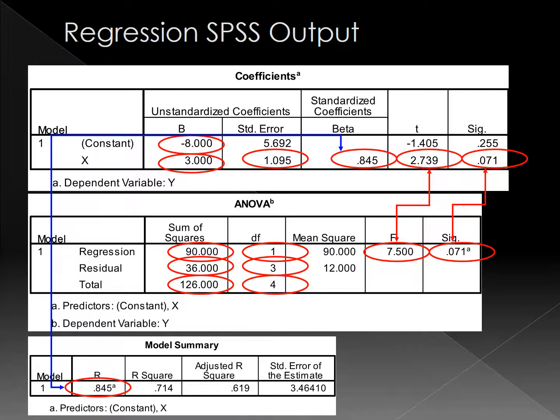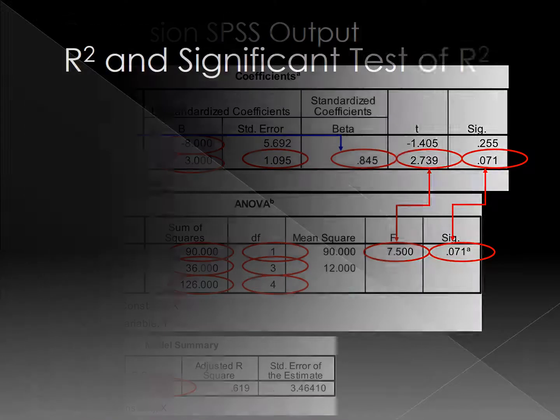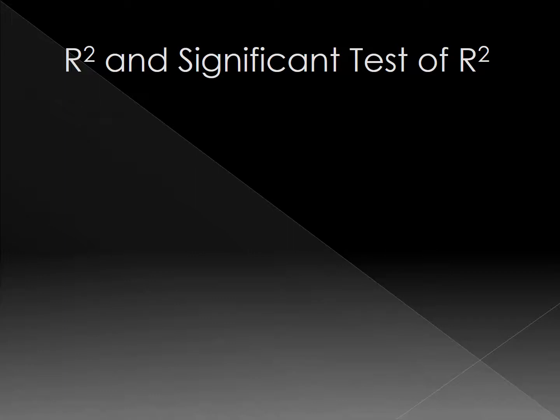That is, R equals beta. This is R squared. So R is the correlation between x and y. When we square 0.845, we will get 0.714.